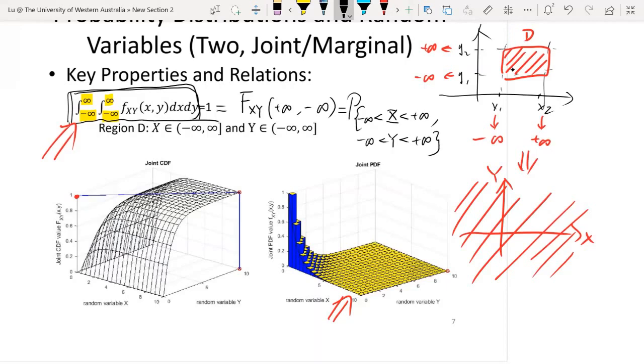Of course, for these two formulas, the numerical value is 1. It's 100% true.